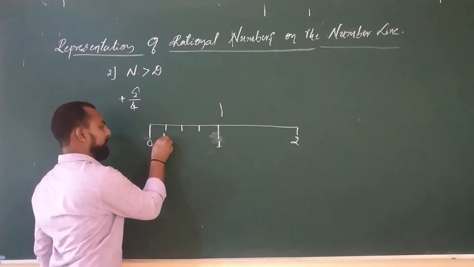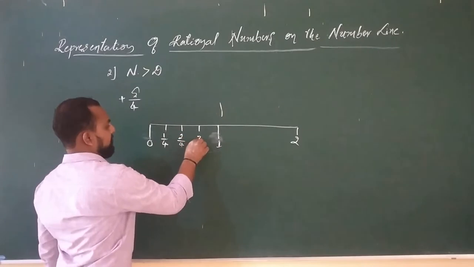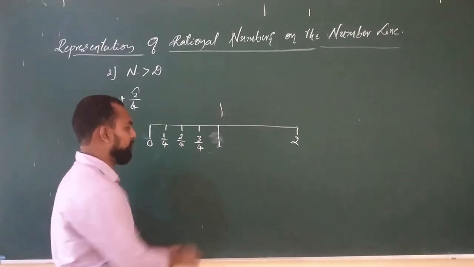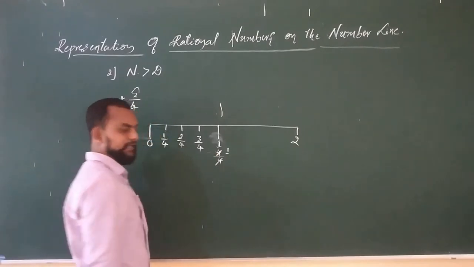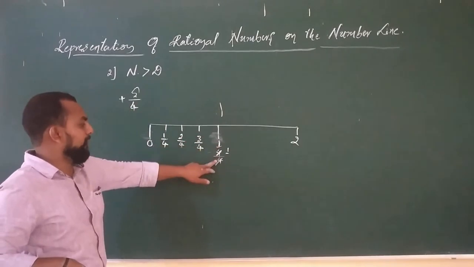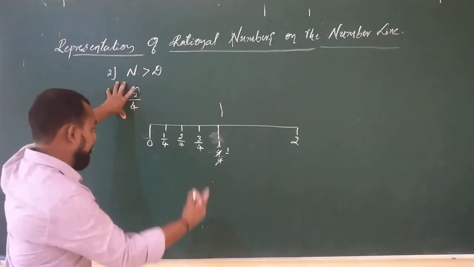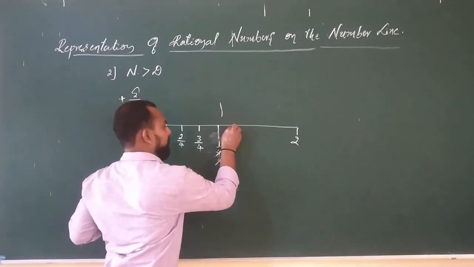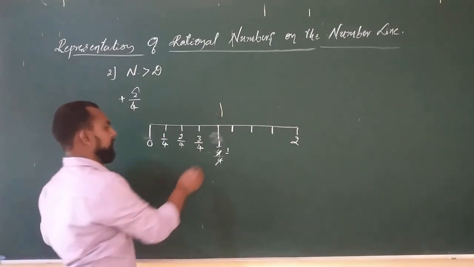Here this is 1 by 4, 2 by 4, 3 by 4, and this is 4 by 4. 4 by 4 is nothing but 1. Then our rational number is 5 by 4. 5 by 4 means again divide the next unit into 4 equal parts: 1, 2, 3 and 4.